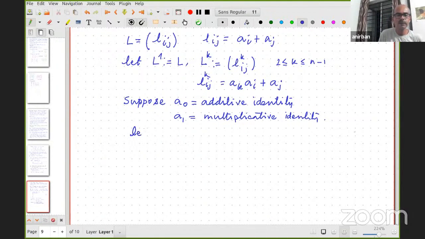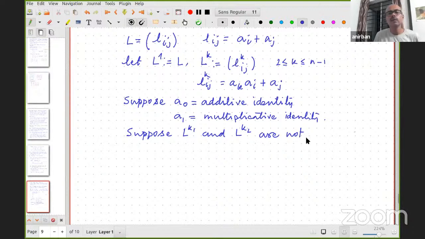Let's suppose that it is not, and then we arrive at a contradiction. So suppose L_k1 and L_k2 are not orthogonal. Okay, I think I just need 2 to 3 minutes more. It's almost time.